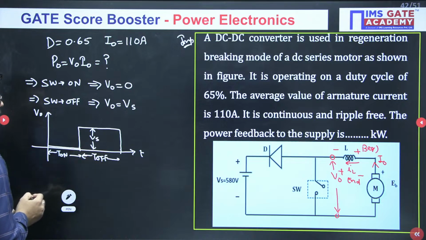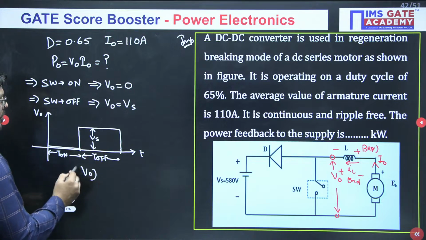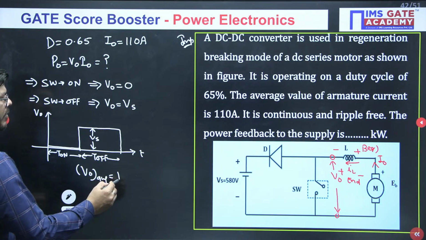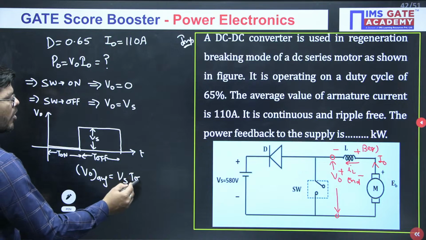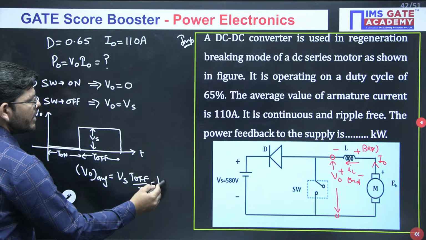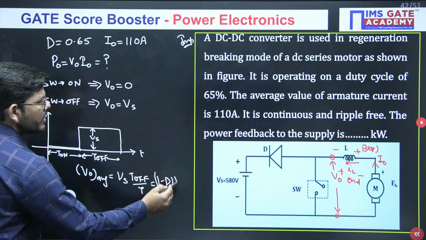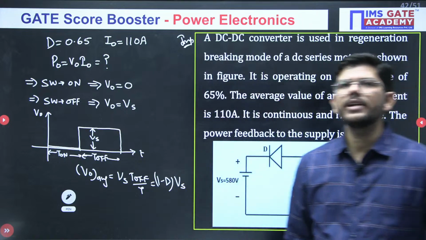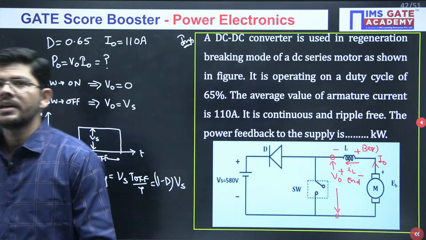For the off time, we are getting Vs voltage. So if I ask you what will be the average output voltage, your answer will be Vs into T off divided by T, or you can simply write (1 minus D) times Vs, isn't it? Very good, Nilmesh. Your answer is also correct.